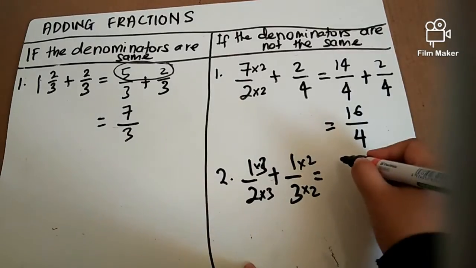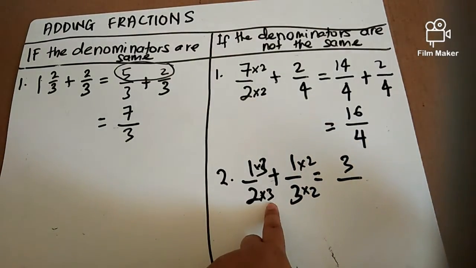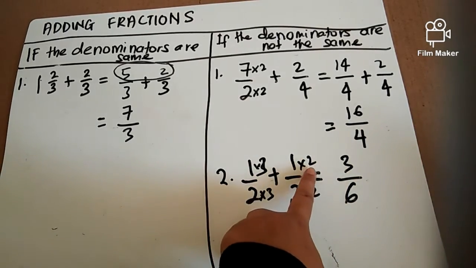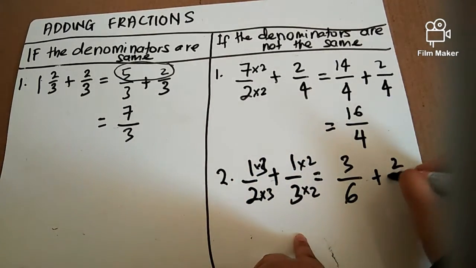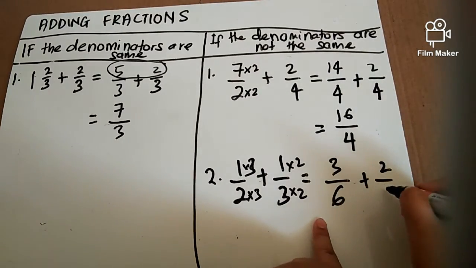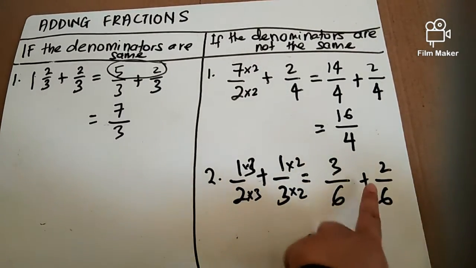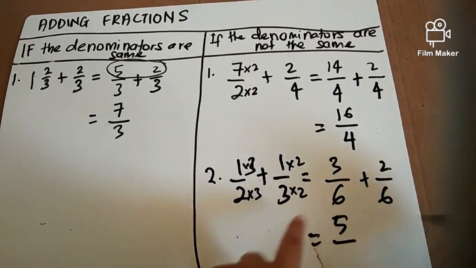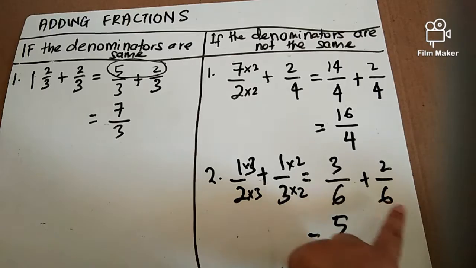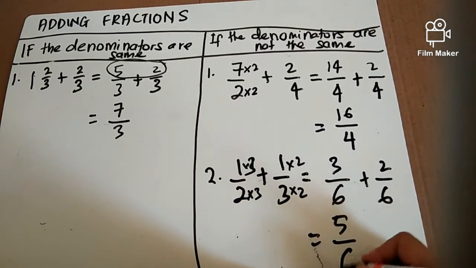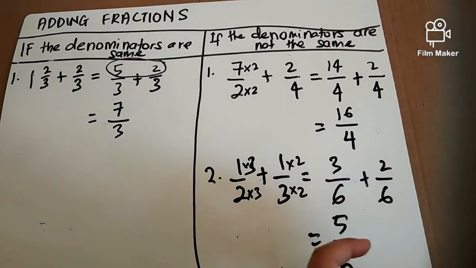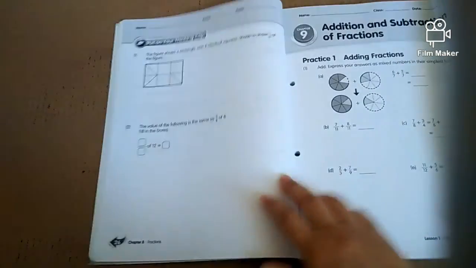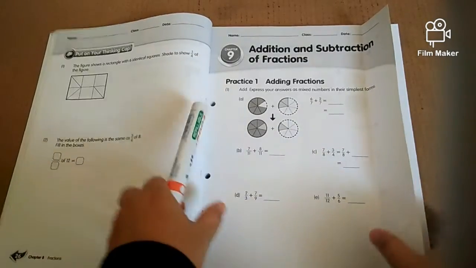So 1 times 3 equals 3. 2 times 3 equals 6. 1 times 2 equals 2. 3 times 2 equals 6. So 3 plus 2 equals 5. Now 6, you just copy. You shouldn't plus the denominators. You just copy. So the answer is 5 over 6. Now practice. Practice is available in your book for this one.